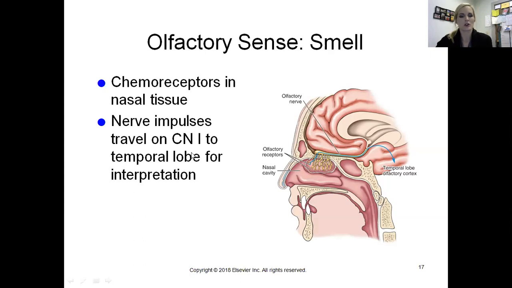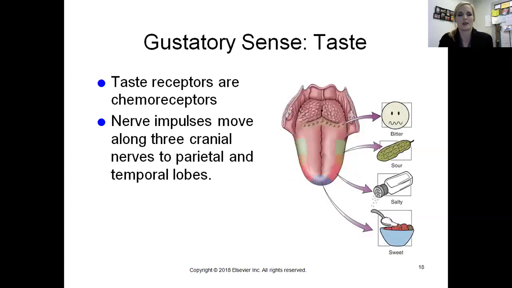Cranial nerve 1 will then transmit that back to the temporal lobe, where the temporal lobe will interpret that. When we talked about the brain in chapter 10, right before this video, you may remember that I talked about how the temporal lobe is responsible for hearing, but it is also responsible for the sense of smell as well.